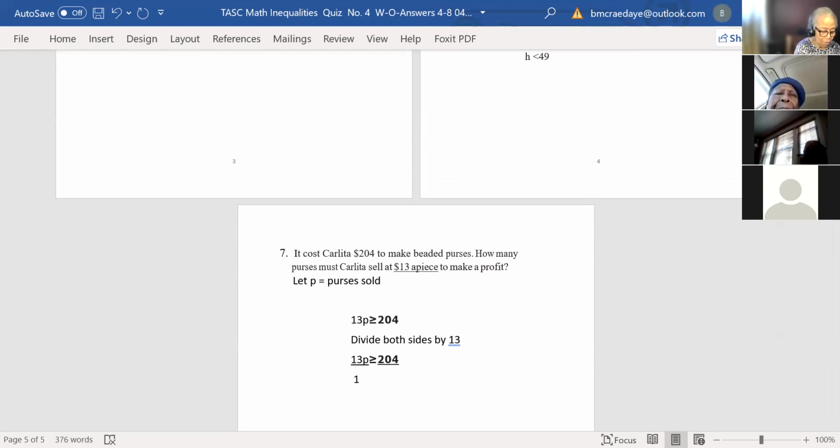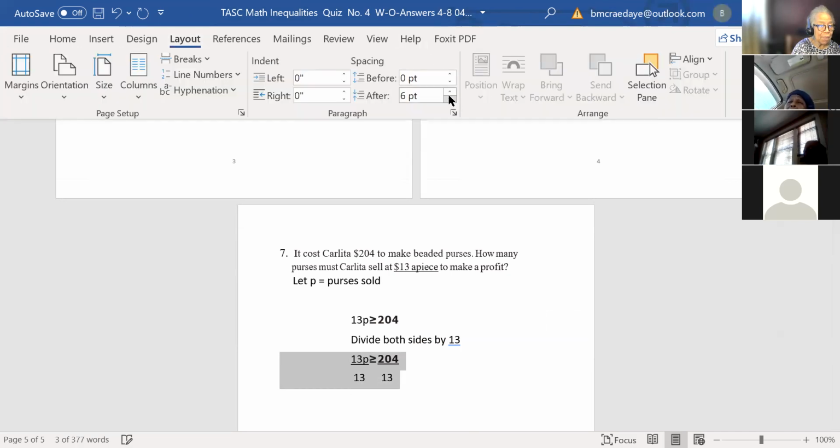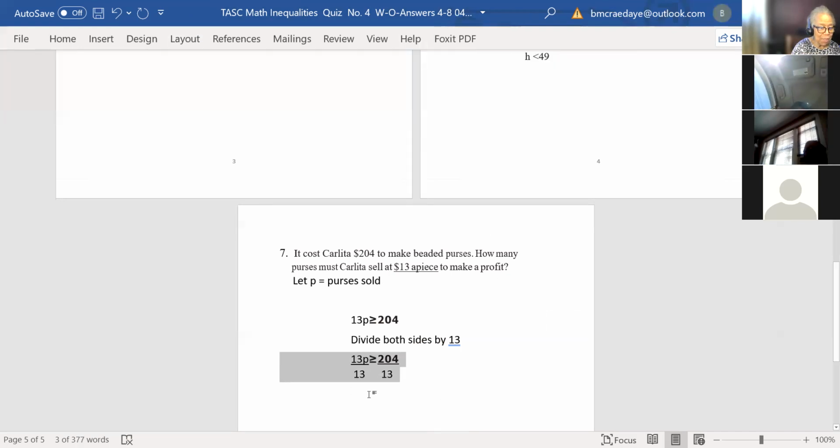What do I get on the left side, Vanessa? On the left side, you just get 1P or P. That's right, 1P or P. So let me take the 13 out and just put the P.